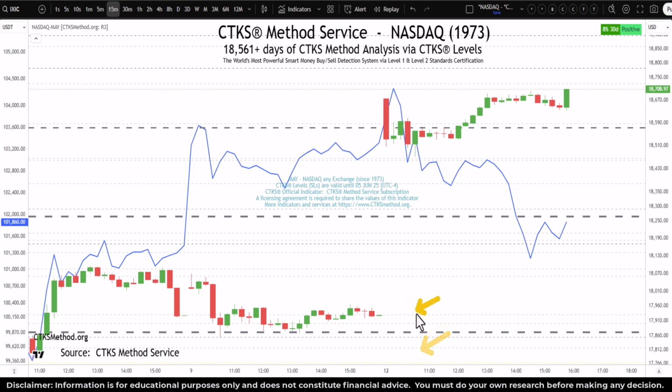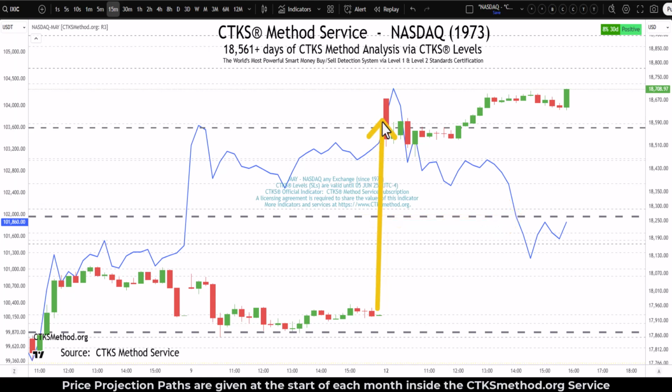And I've just changed the background of the chart to give you a bit more of an edge in reading these levels. With the news of the US-China trade deal, we saw a really big pump up. But the pump up was through one very strong structural level around that 18,250 mark up to the 18,590.